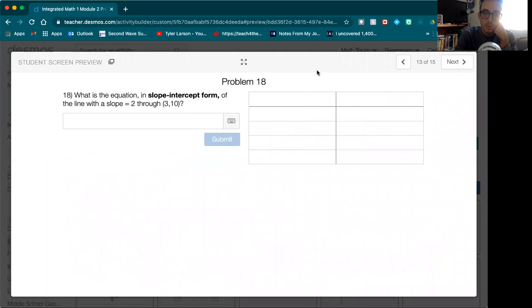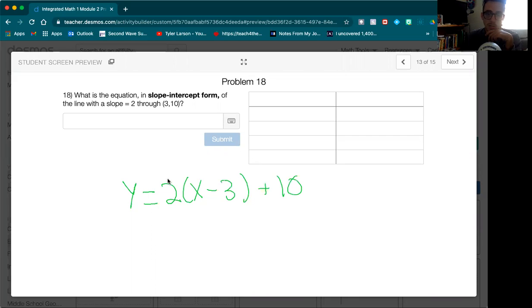Slope intercept form, you're given the point 3, 10, going through that slope of 2. I'm going to use point slope form and then convert it. So I know that in point slope form, this would be 2 parentheses x minus 3 plus 10. Distribute that. That will give you 2x minus 6 plus 10.